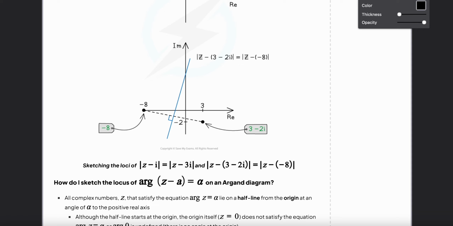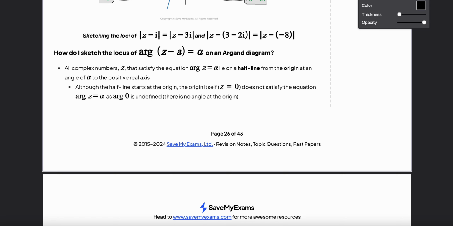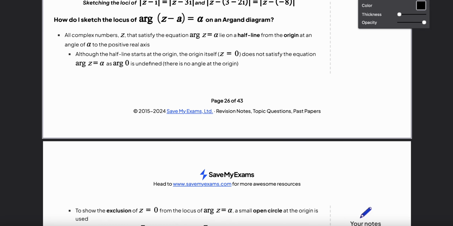Okay, now let's move on to how to sketch the locus of the argument of z minus a equal to alpha on an Argand diagram. All complex numbers z that satisfy the equation argument of z equals alpha lie on a half line from the origin at an angle of alpha to the positive real axis.